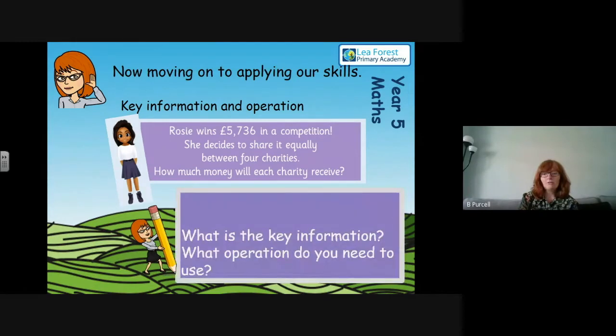So over to you again. What is the key information? What information in that problem am I going to need to solve the calculation? And what operation am I going to need to use? What am I going to work with?